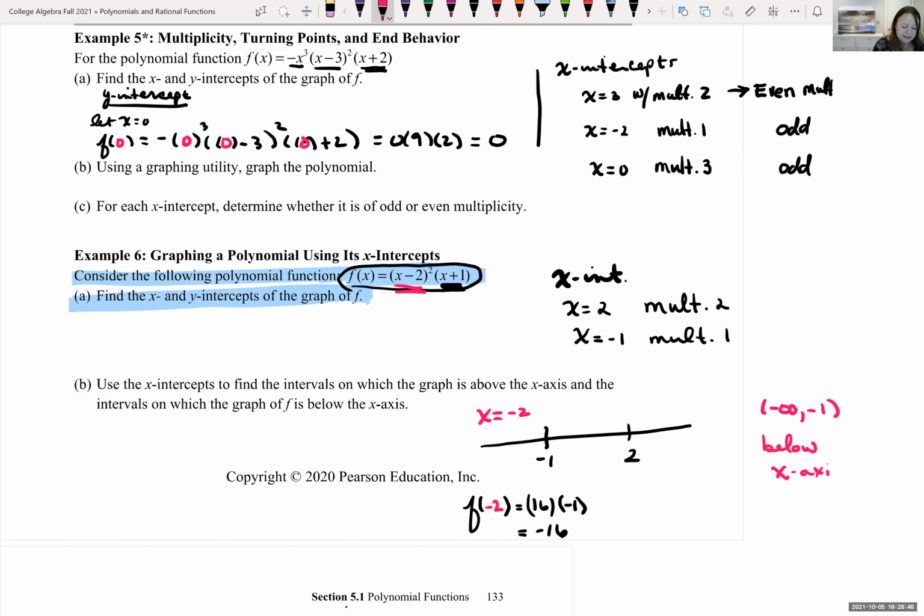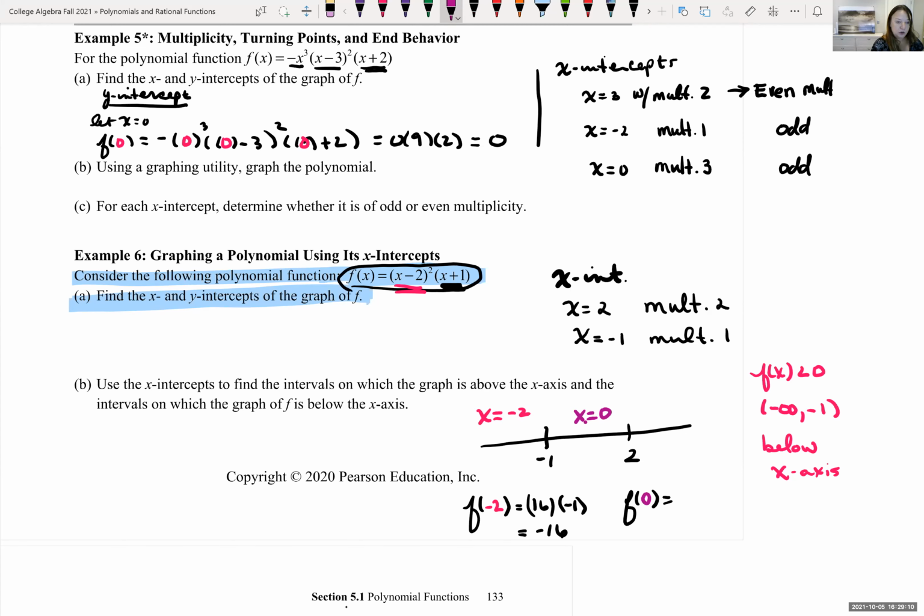Or another way to state that is f of x, our y value, is less than 0. So let's see what's happening in between x equals negative 1 and 2. Choose a value that falls in there. If we plug in 0, if we go back in and look at f of 0, we want to know if it's positive or negative.